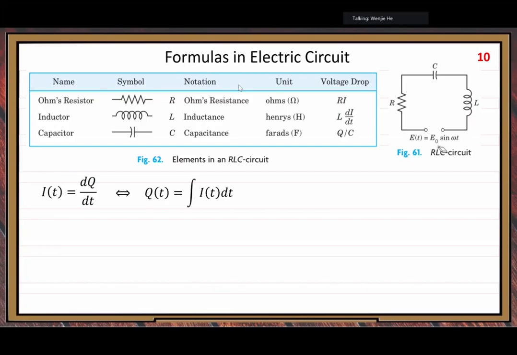That's very convenient. But here, people did not have the Laplace transform in their mind, so you see the capital letters.